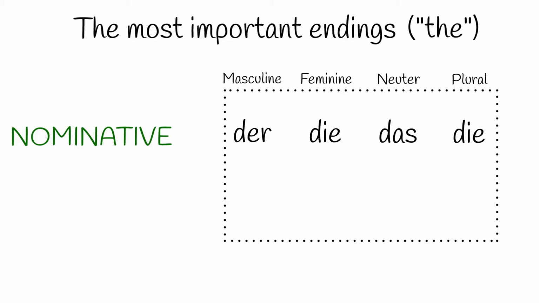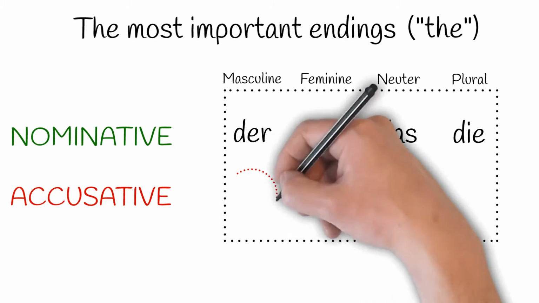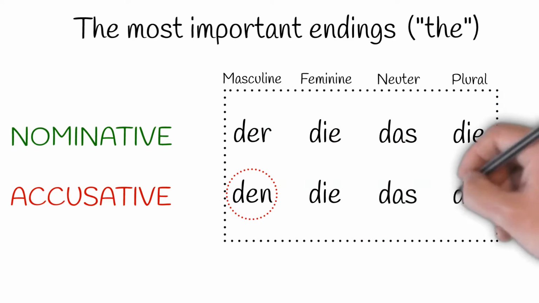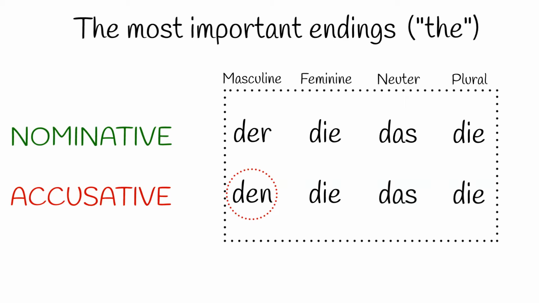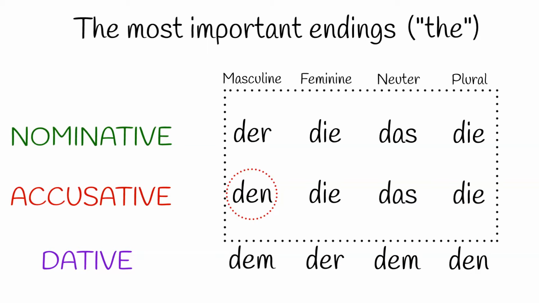They change in the accusative only in one of those columns, the masculine column: den, die, das, and die. Those words in the rectangle are the most important ones for you to learn right now. The dative ones, dem, der, dem, and den, are important, but you'll learn them over time.